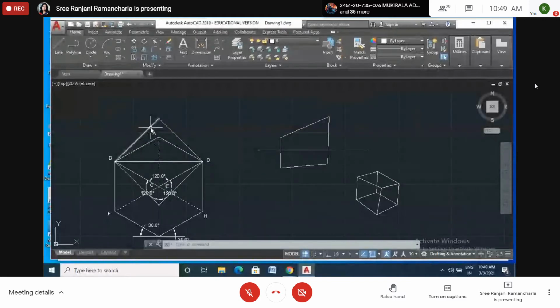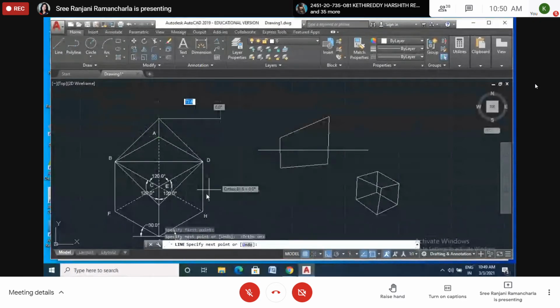So we have to compare these two. How much is reduced and how much is there? So draw one line here from here to here, ortho on. Draw a line intersection; the line is already here, so not required.